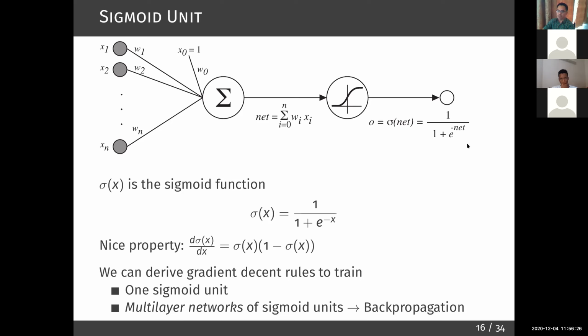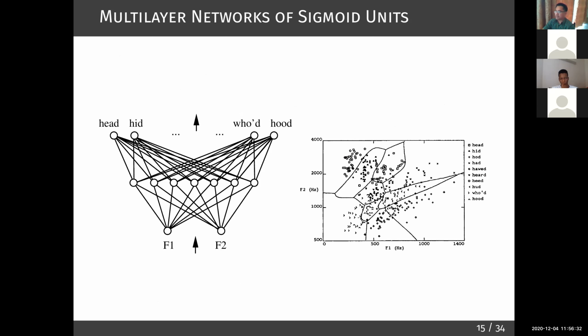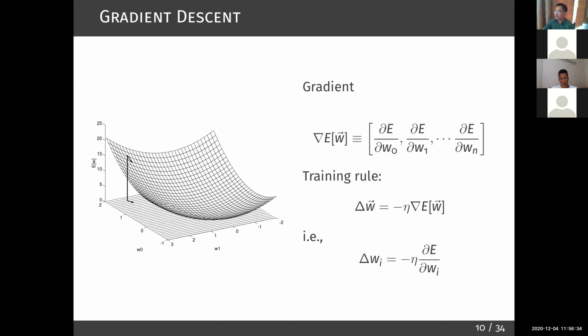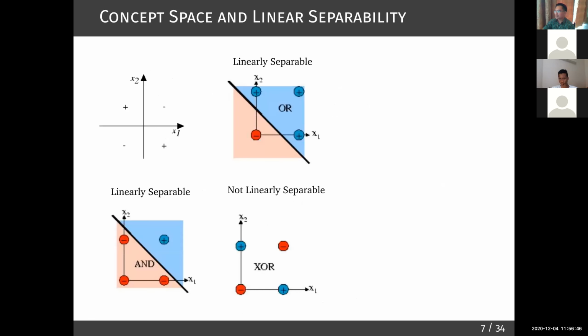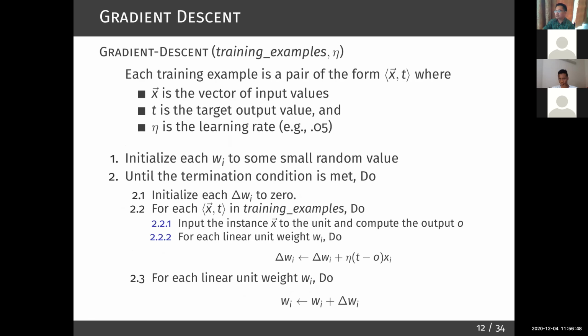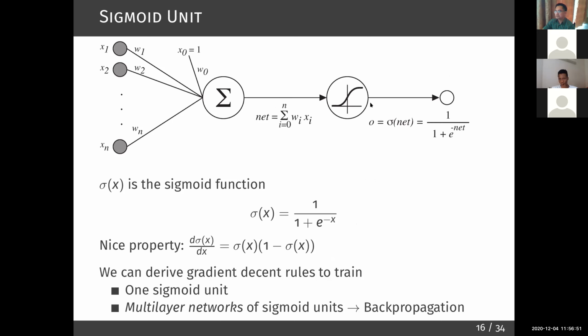Graphically, it's like this. Before, it was like a step function going from -1 to 1, and in between there's this discontinuity. But the sigmoid function is a continuous function.